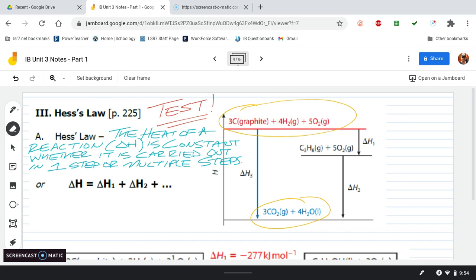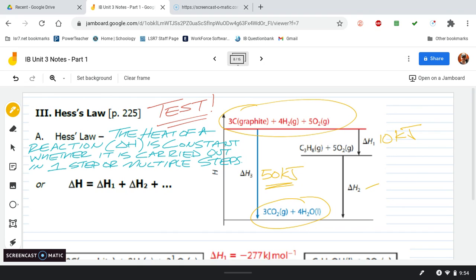Let's say that this is 50 kilojoules. So we'll say delta H3 is 50 kilojoules. All right, we're just making that up, right? We can look these up, but I'm just making this up at this point. Well, let's say delta H1 is, let's just make it 10 kilojoules.